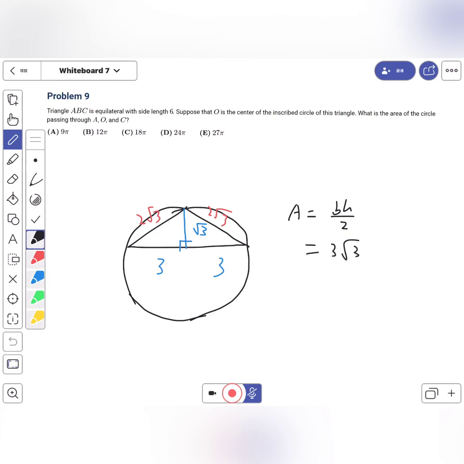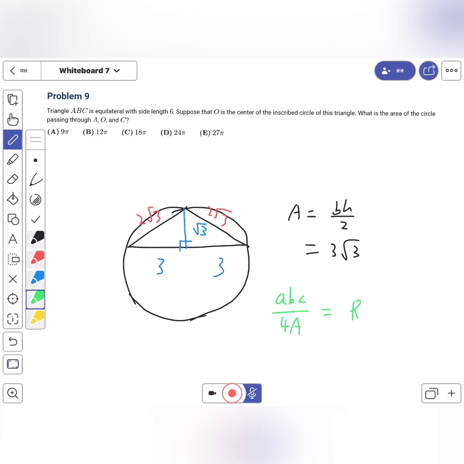Now, what do we do next? The next thing we're going to do is use the formula for triangle ABC, where 4 times area times R is equal to the product of the sides, where R is the circumradius.